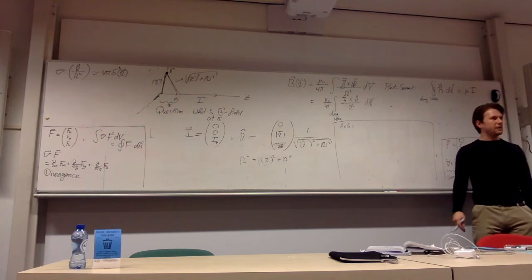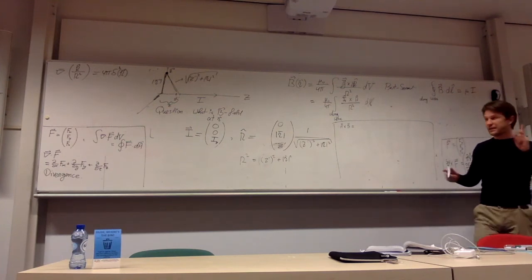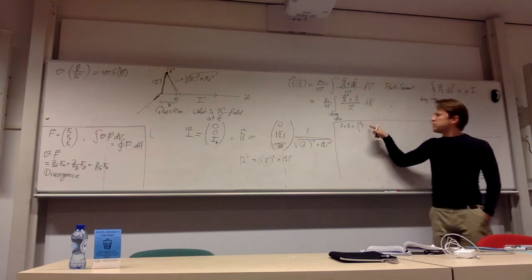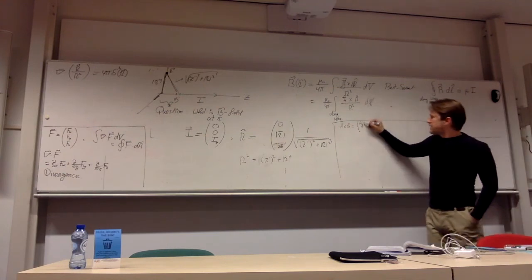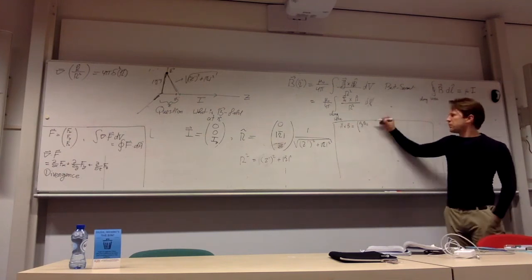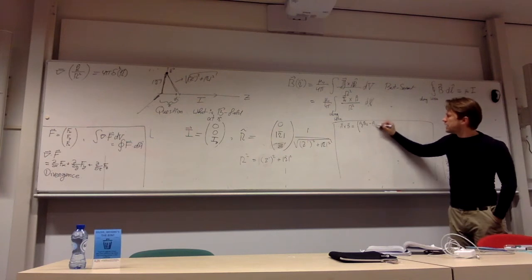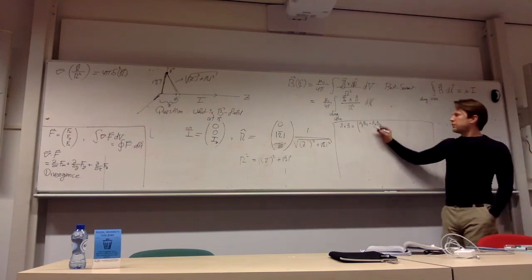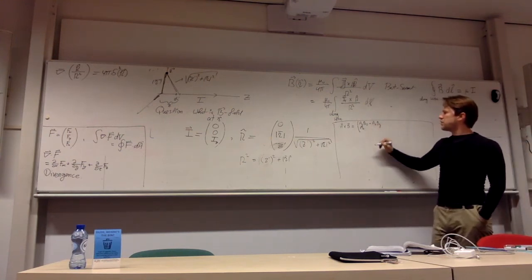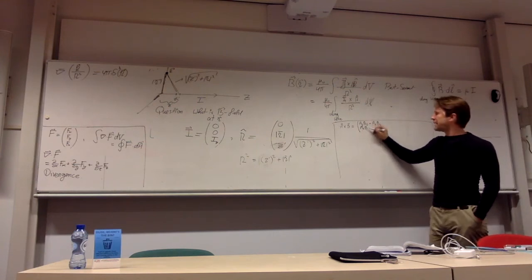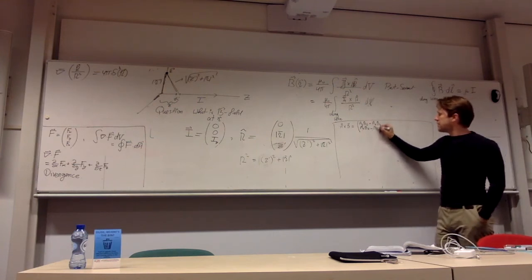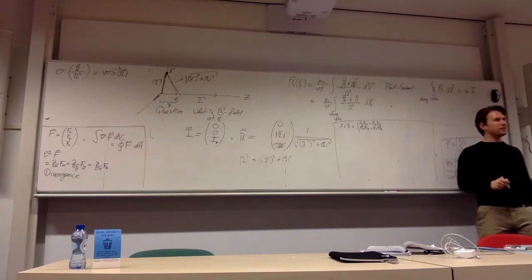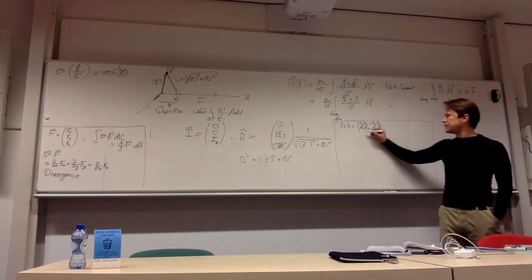So a vector A and a vector B, just general vectors A and B. Its cross product, by definition, no deeper meaning there, is the following. You take the y component of A, you multiply it by the z component of B, and you subtract from that the same thing, but with the y and z reversed. It's just, again, the definition of the thing. That's the first component. Second component, you take the z component of A, multiplied by the x component of B, minus the same thing with the x's and the z's reversed.